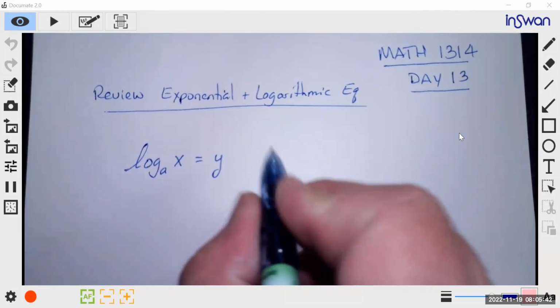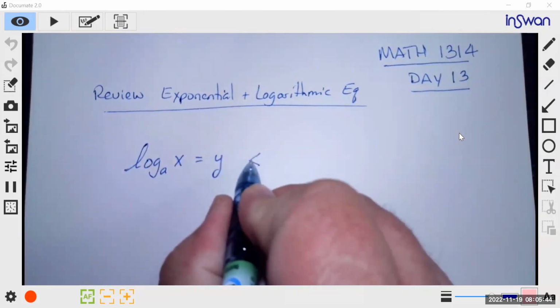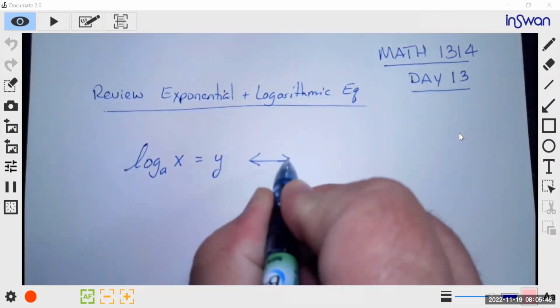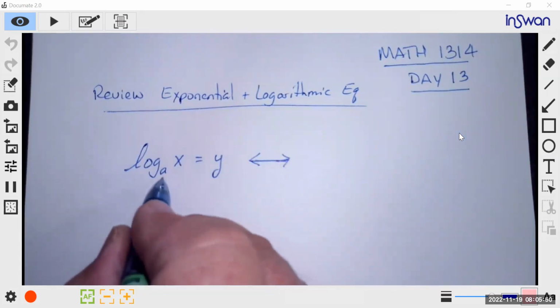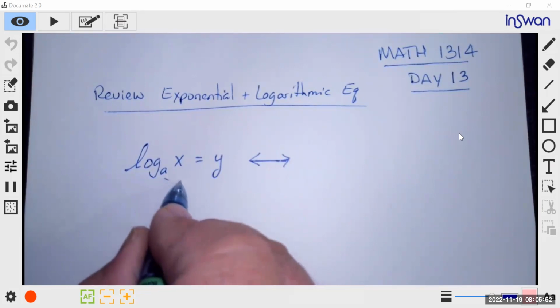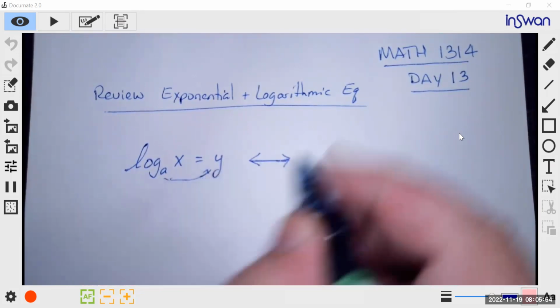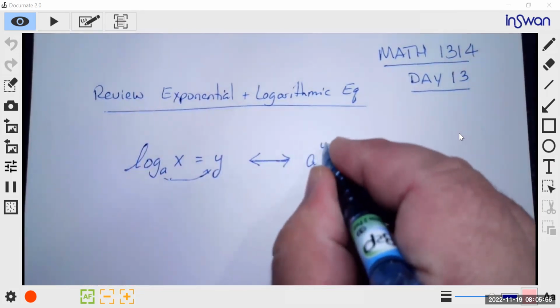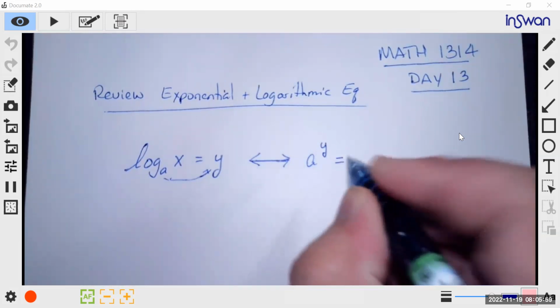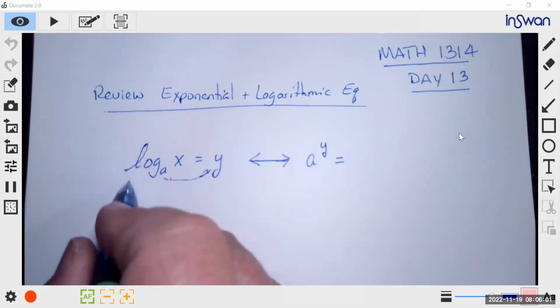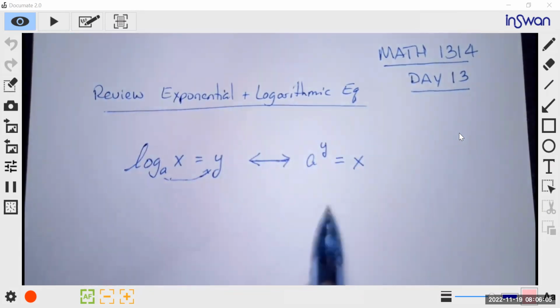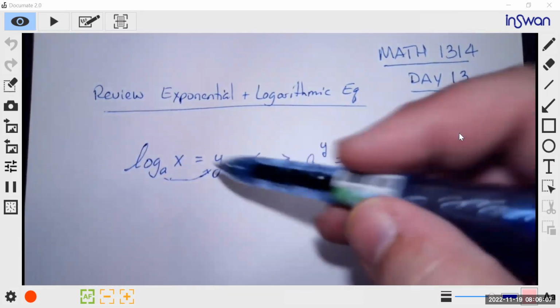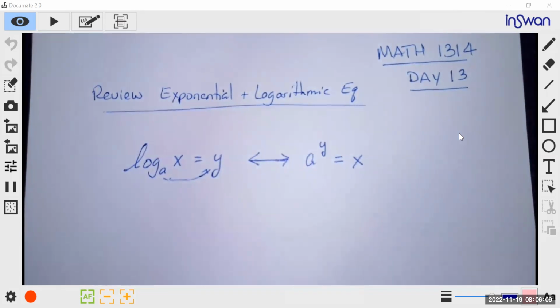The conversion of it, if we were to convert from logarithmic to exponential, the base, this is the base, it would come over here and push up the solution. Since the base drops out, the log's gone, so we just have x. This is the relationship between exponentials and logarithmic equations.